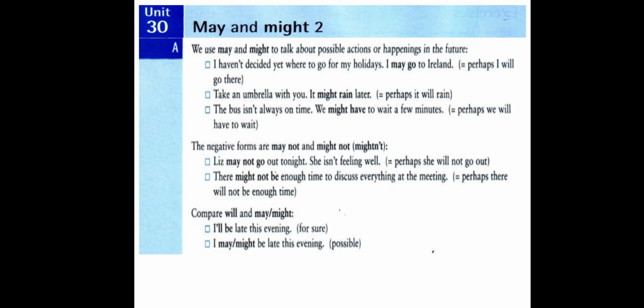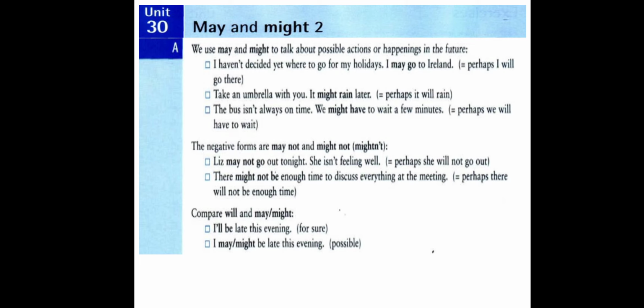Unit 30, may and might too. Here is extra information about may and might. We use may and might to talk about possible actions or happenings in the future. Here we speak about the possibility in the future by using may and might, and we use the base form after may and might, similar to the present possibility.